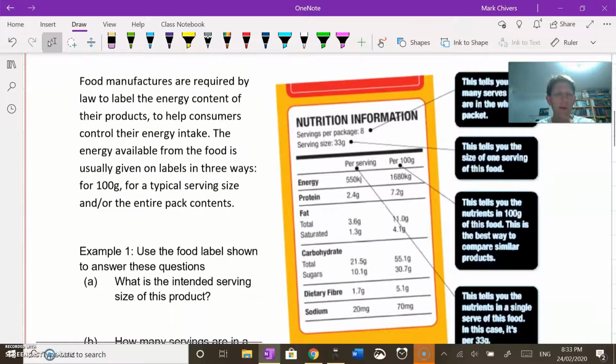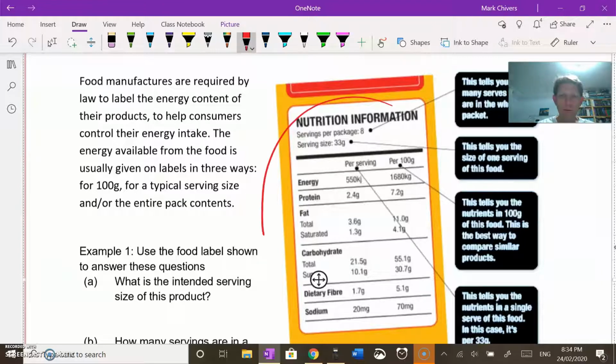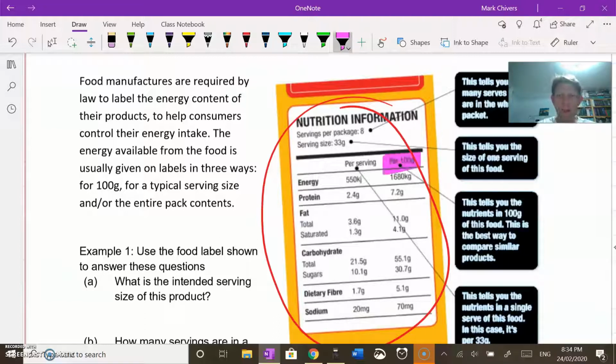As a result of that, food manufacturers are required to label energy content of their products. There are usually three different ways, and usually 2 on any given packet. Most commonly, I think all of them are required to do the amount per 100 grams, so the amount of energy, protein, fat, carbohydrates, and you'll see there's a nice little example nutritional box here with the per 100 gram area just there.